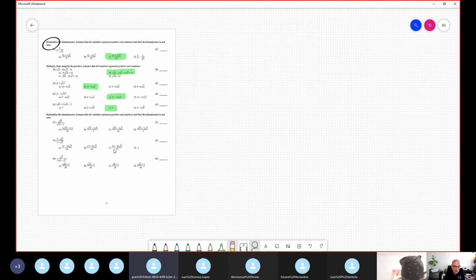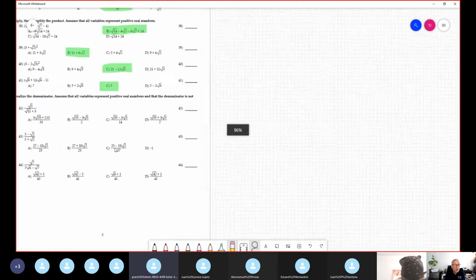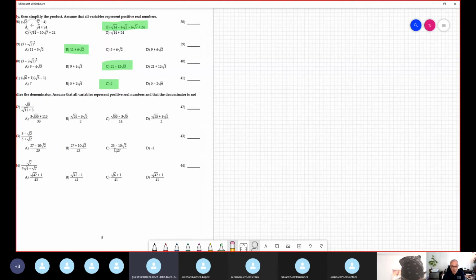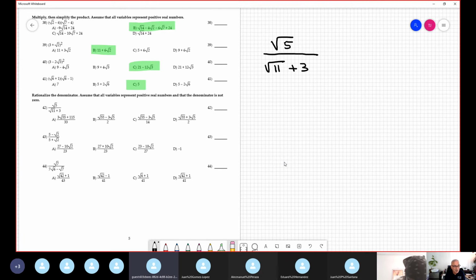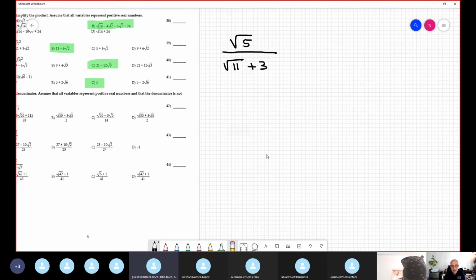Not a big deal, but a little bit more complicated. Suppose radical 5 divided by radical 11 plus 3. And the command say rationalize. The denominator assume okay. Rationalize.